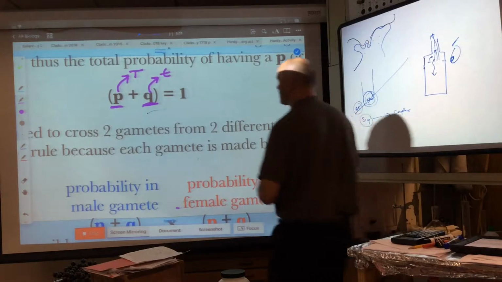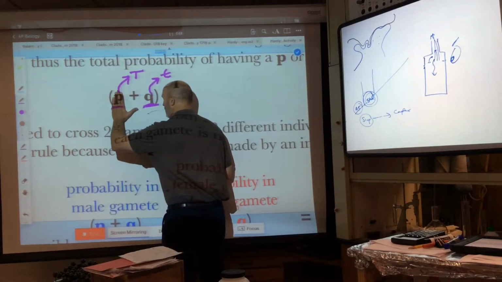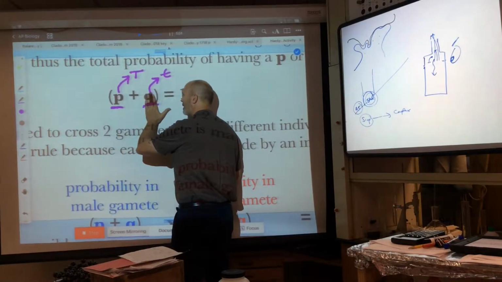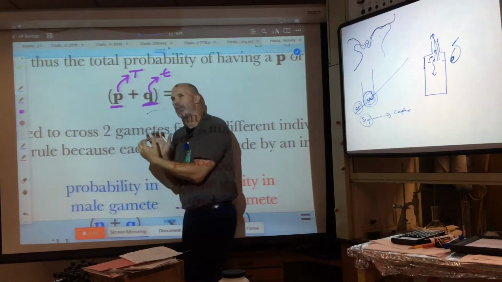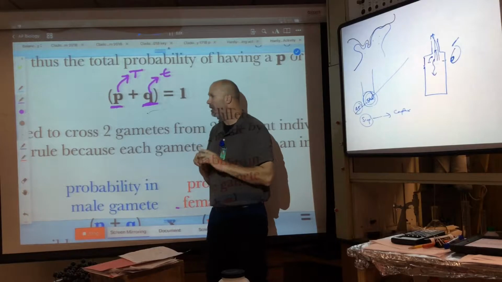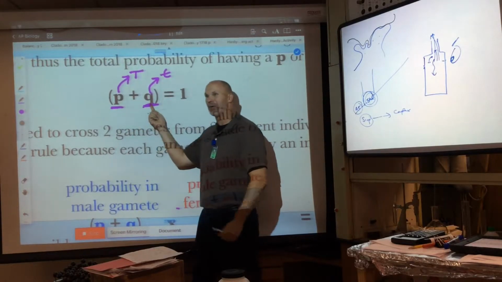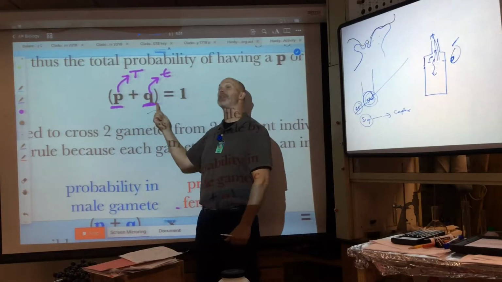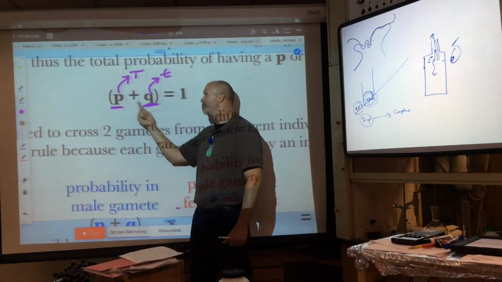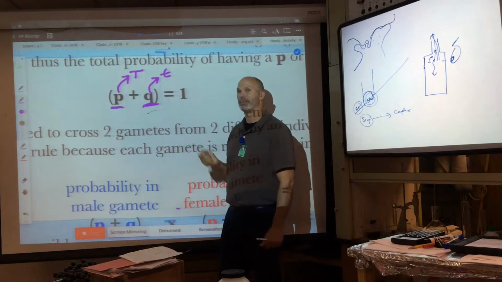So the frequency of the p's in society and the frequency of the q's in society have to equal 1 for the development of the gamete, the haploid cell. Haploids are either going to get a p or a q. So these are all the possibilities. These are mutually exclusive to each other, so they both have to equal 1.